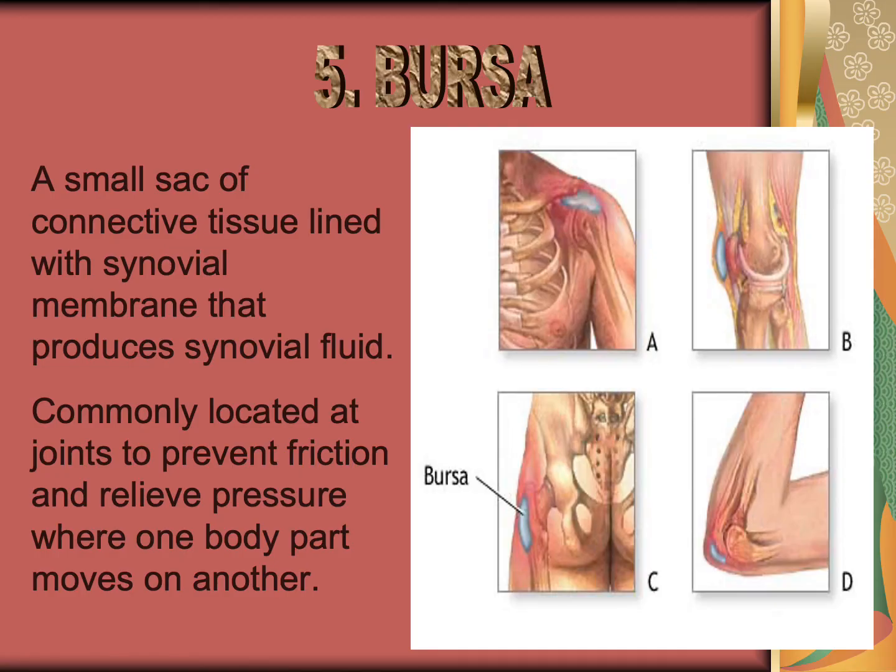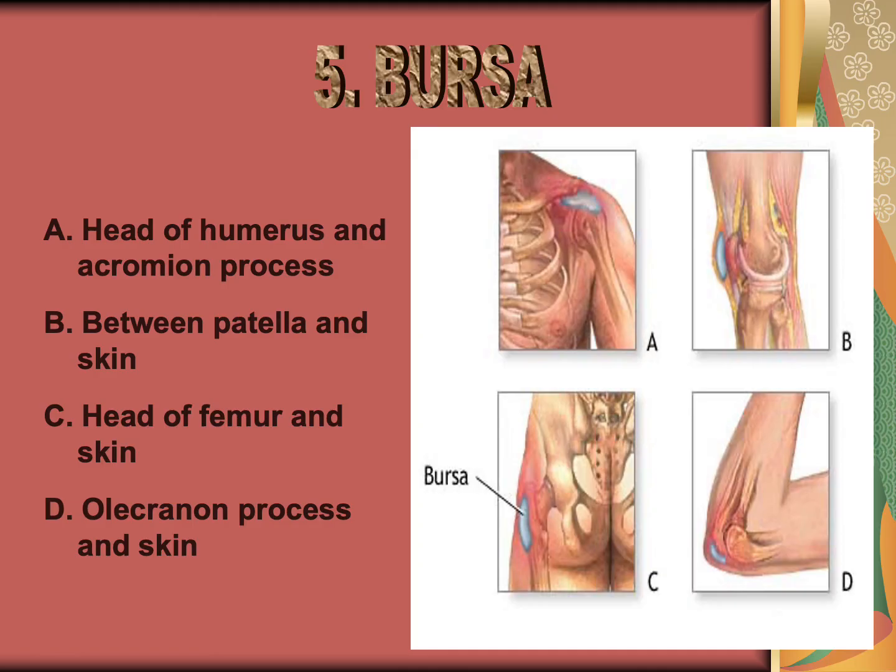They prevent friction, they help cushion, they act like ball bearings para wala nga friction between adjacent structures, lalo na pag may joint activity or movement. Pwedeng ma-infect ang bursa or pwede siyang ma-inflame. Ang tawag doon, bursitis.